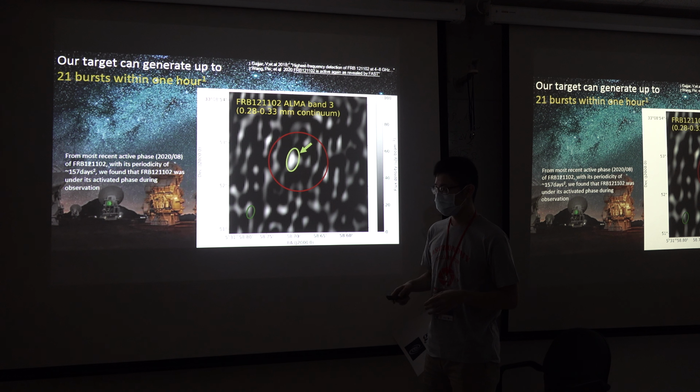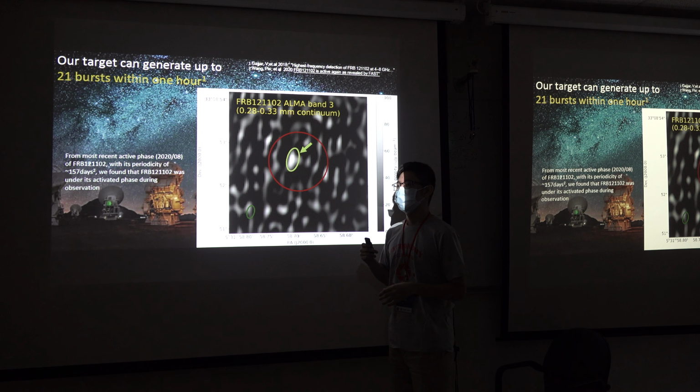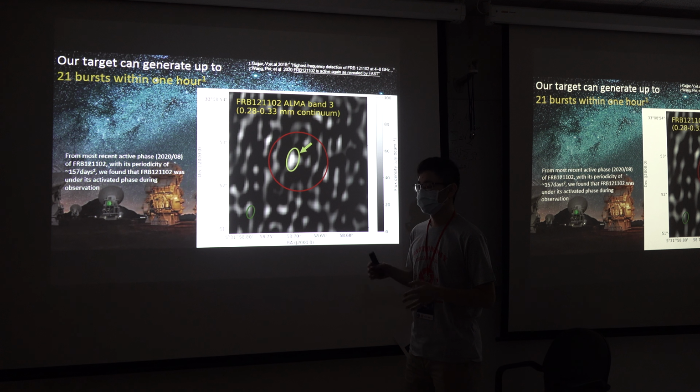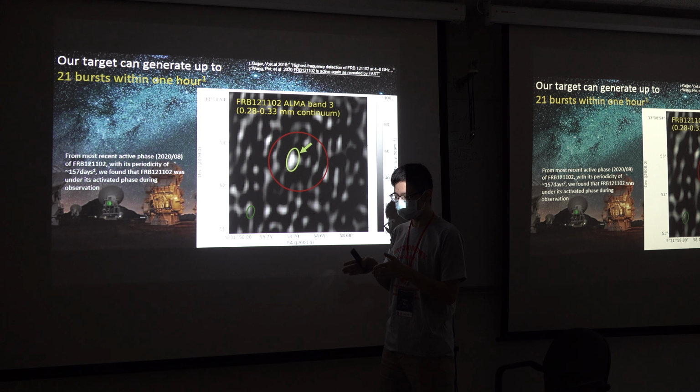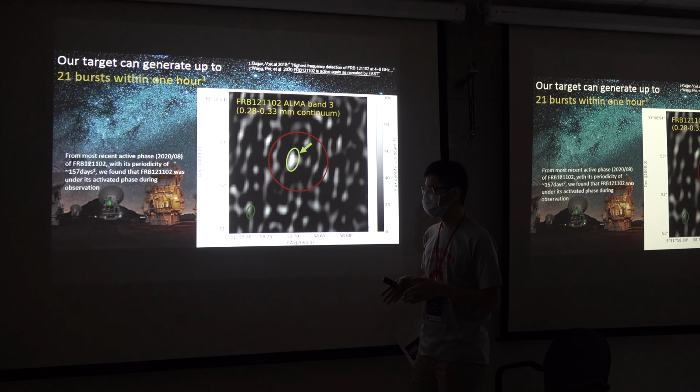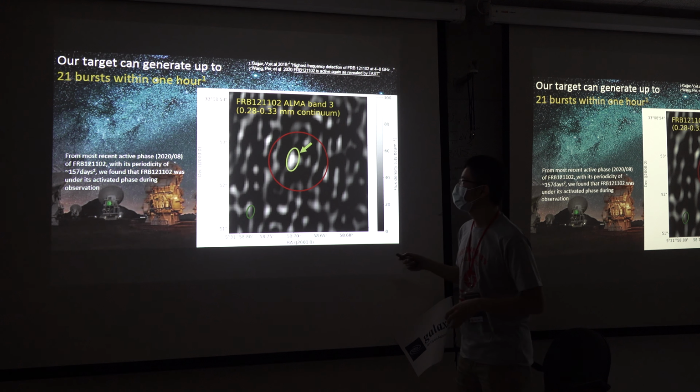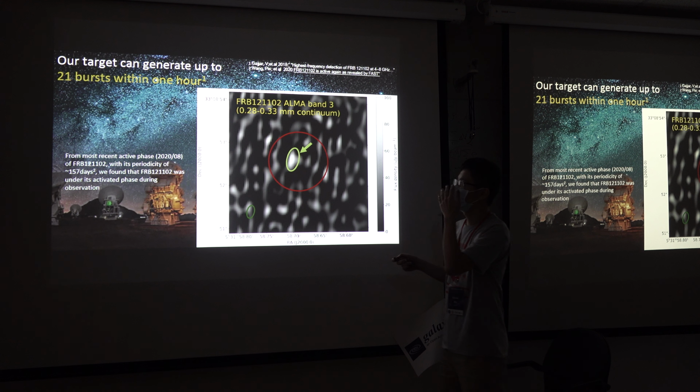to use the ALMA telescope to detect the FRB. Although the ALMA telescope has a larger time resolution, this figure shows the FRB 121102 band 3 ALMA detection.